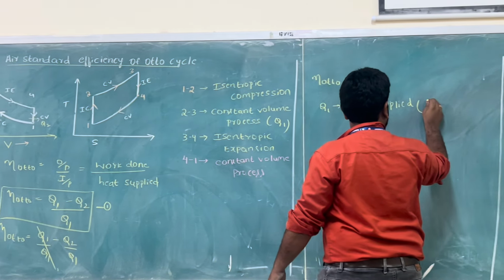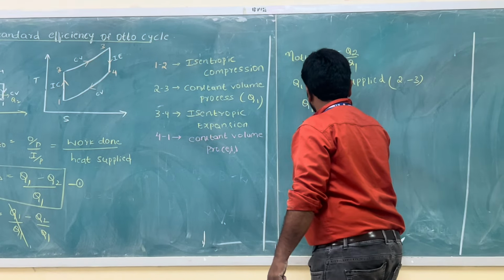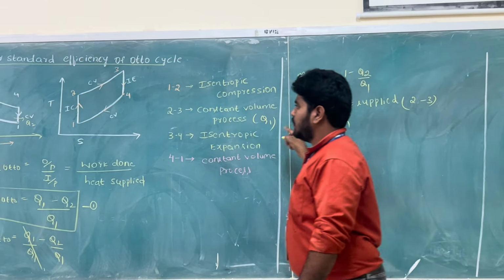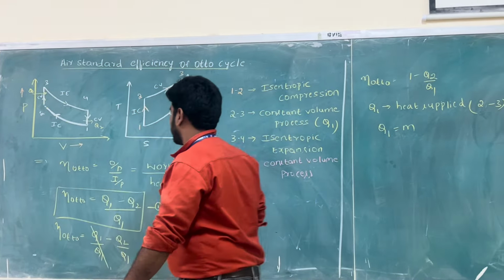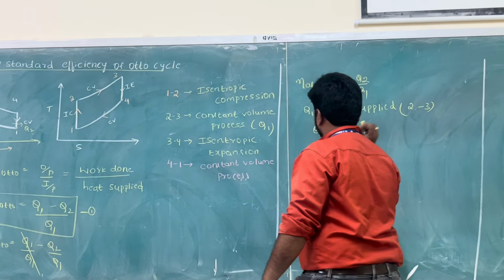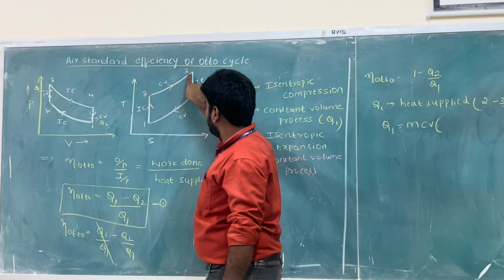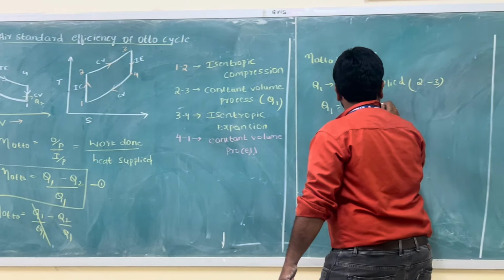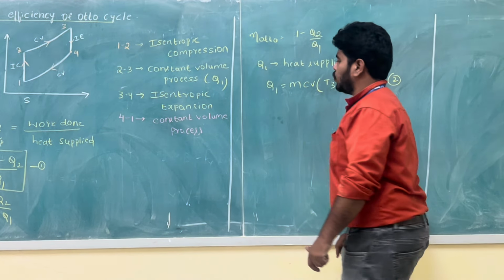So Q1 is equal to mass m times Cv, since the heat addition takes place in the constant volume process 2 to 3, and the highest temperature is T3, so T3 minus T2. Q1 = m Cv (T3 - T2). This I take as equation number 2.